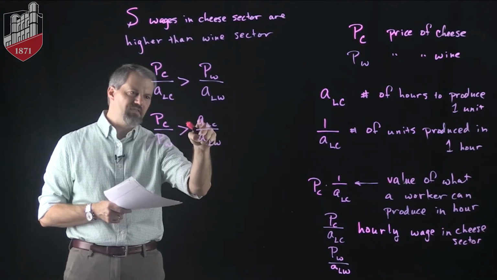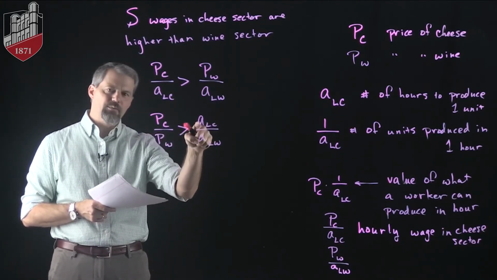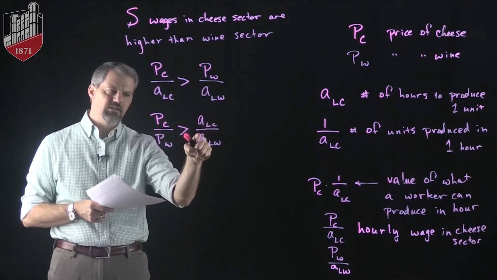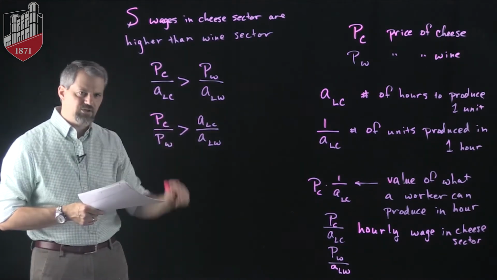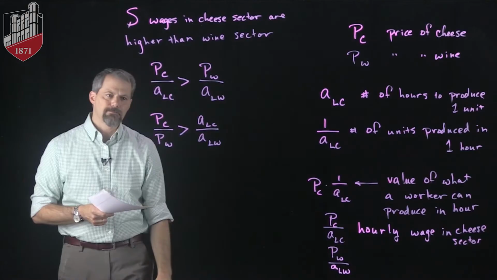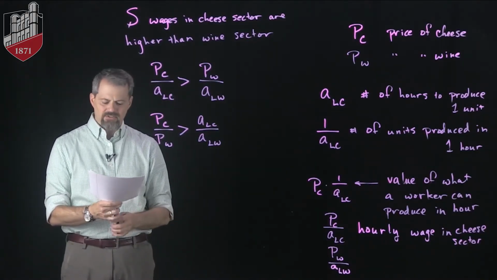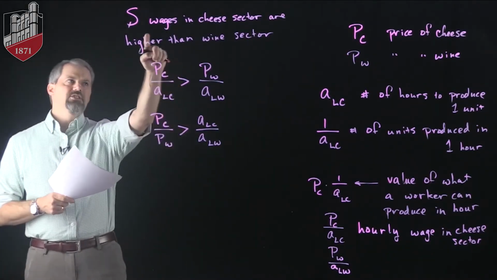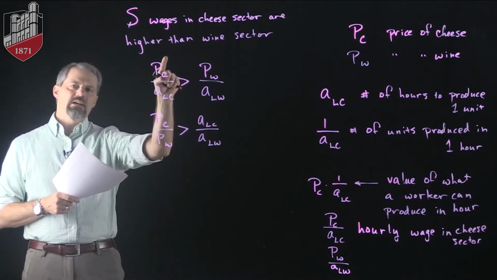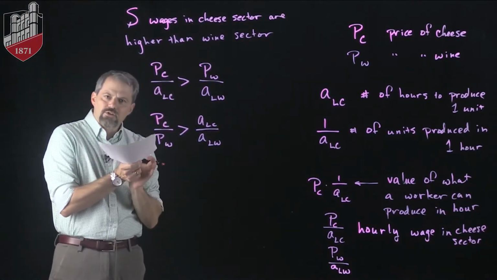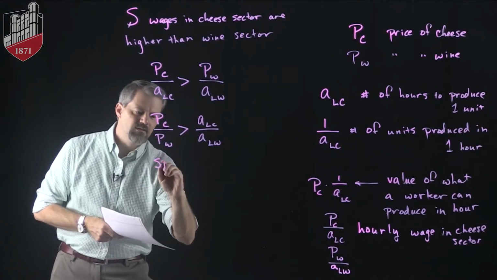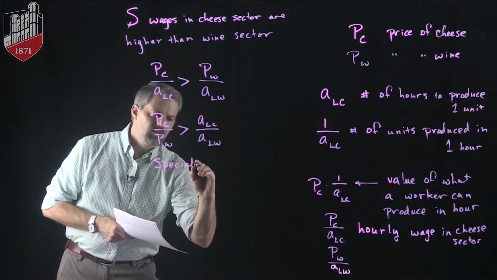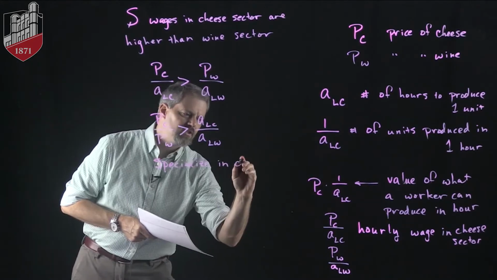Now remember that this is the slope of the production possibilities frontier, and this is the slope of that ISO value line that we just talked about. Okay? So this tells us that if wages in the cheese sector are higher than the wine sector, then workers are going to move to the cheese sector and we would specialize in cheese.